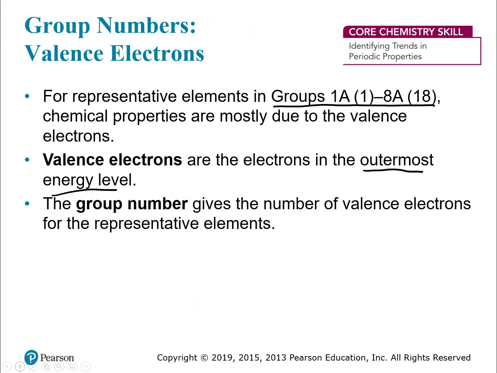For the representative elements only, the group number tells you the number of valence electrons. So if you have something that is in group 3A, it has to have the A behind it, then that tells you that you have 3 valence electrons. So those electrons are available to do chemistry. Is that clear what valence electrons are and what the trend is for the representative elements?